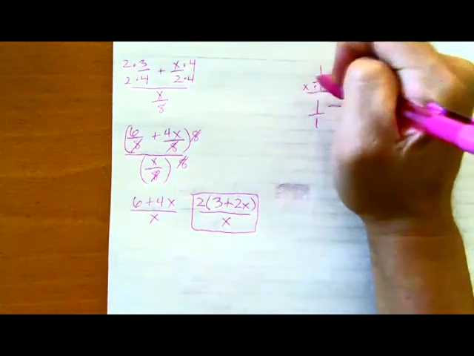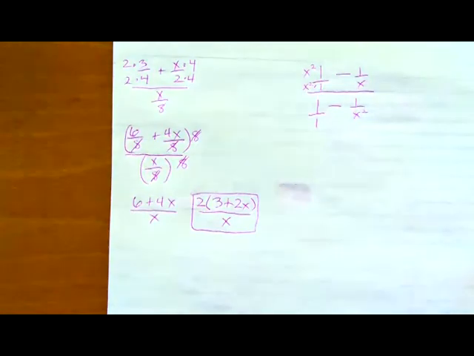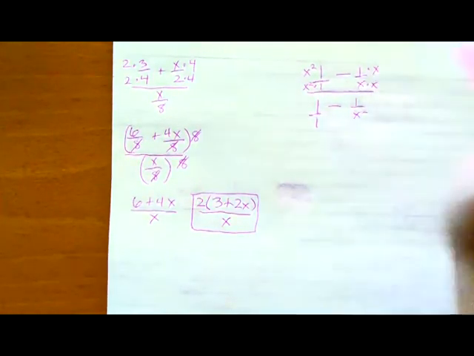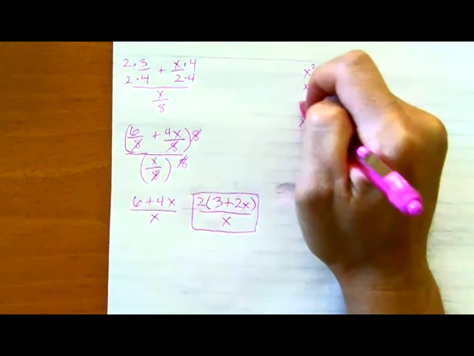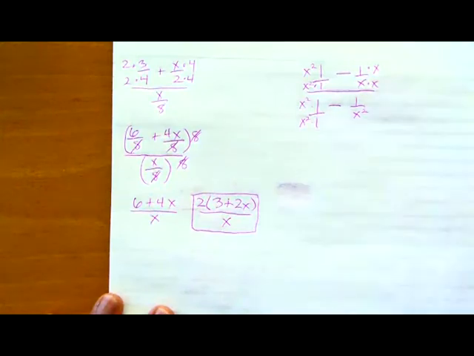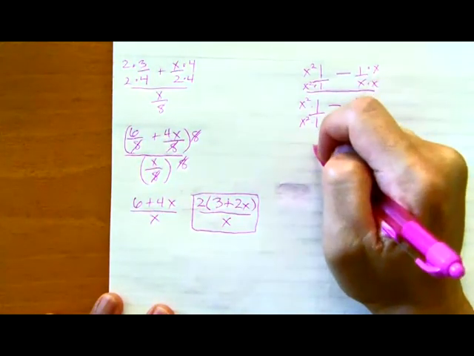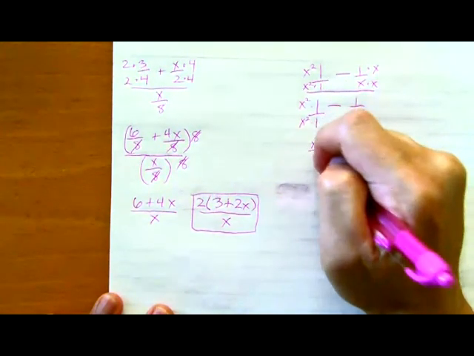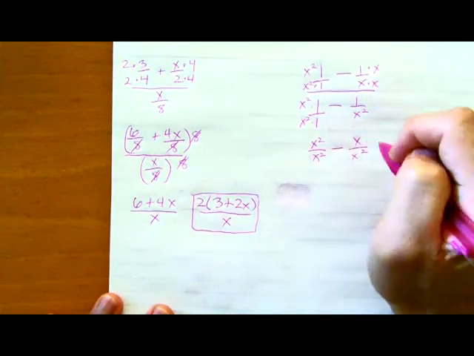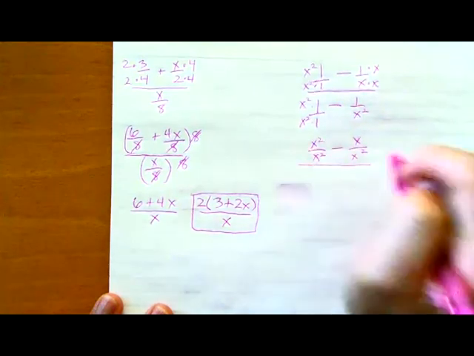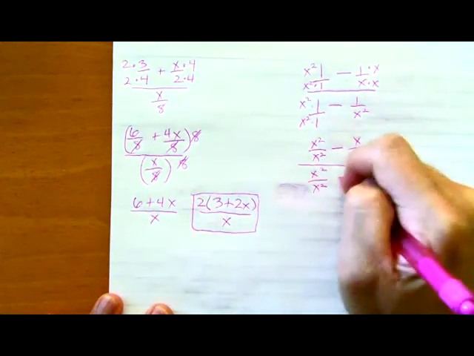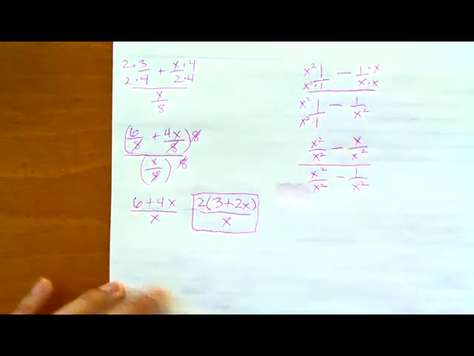Multiply this one top and bottom by x to the second. Multiply this one by x. This one by x to the second as well. That one has the denominator of x to the second. Okay, that'll give us x to the second over x to the second minus x over x to the second, over x to the second over x to the second minus 1 over x to the second.